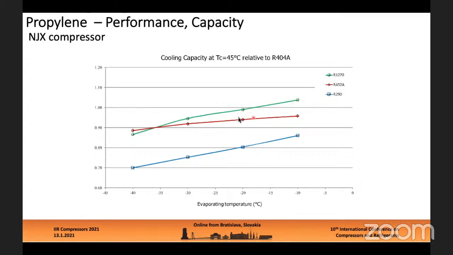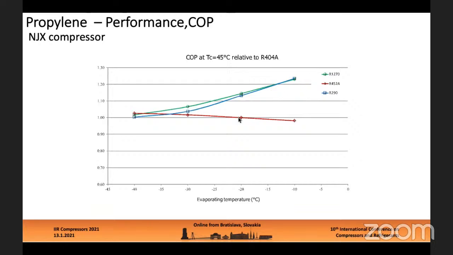In terms of capacity, it should also be mentioned here that propylene has a high heat transfer coefficient, which was studied and published by the University of Padova. Looking at the relative efficiency chart compared to 404A, we can see similar behavior to propane.